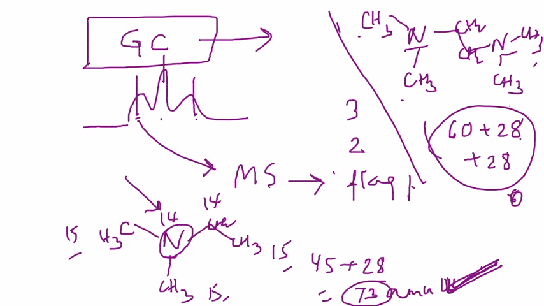So for instance, if you were to look at the mass of this compound, I have nitrogen, I put 2 methyls and 1 ethyl. And we have 73 AMU. We just did that. And m/z and the abundance.